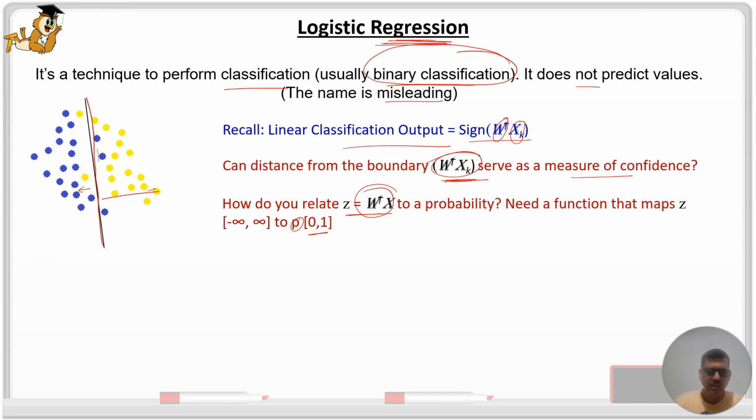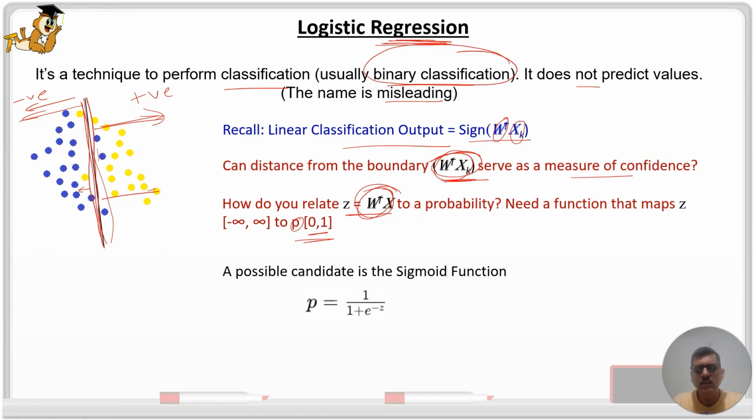Recollect, we said that if this was the separator, the value of W transpose x would become more and more positive in one direction, and more and more negative in the other direction, and therefore this could be a good indicator of the measure of confidence. So the question is, how do you map this quantity to a probability?